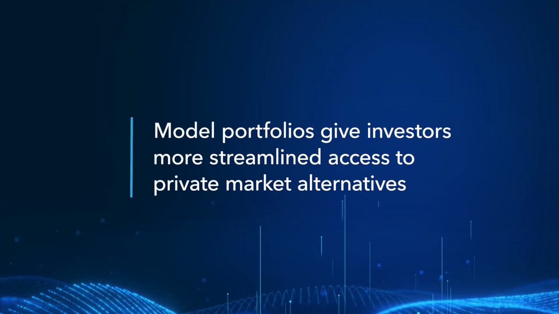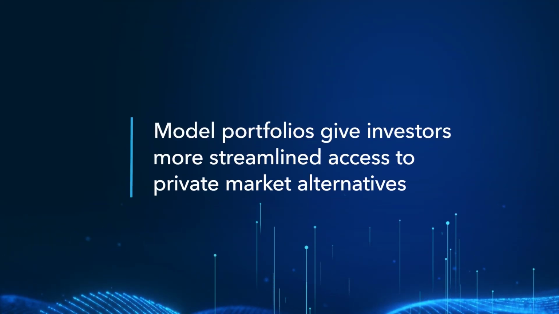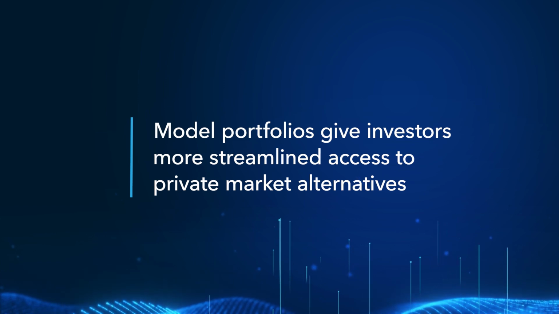As you know, model portfolios have been around for a long time, but they've only been focused on traditional investments, so equities and bonds. We really view this as a way to give investors more streamlined access to private market alternatives and help them solve for goals such as a balanced approach, focusing on growth, focusing on income, and really just sort of an interesting cross-section of both the financial side of what we're doing and tech.